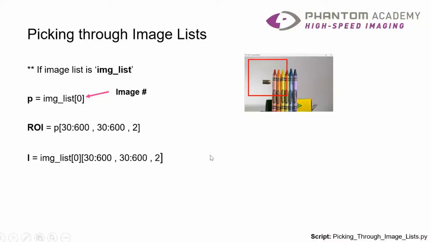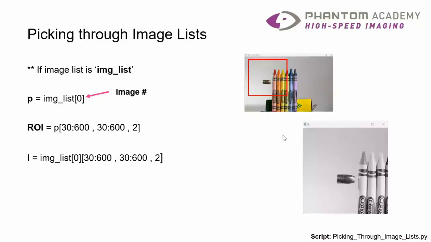And that image represents the position 30 to 600 rows, 30 to 600 columns, and then the third image channel, represented by Python as the number 2. Okay. And we have here also, for your future reference, the image number, row range, column range, and so on represented for you in case you want to refer back to this.